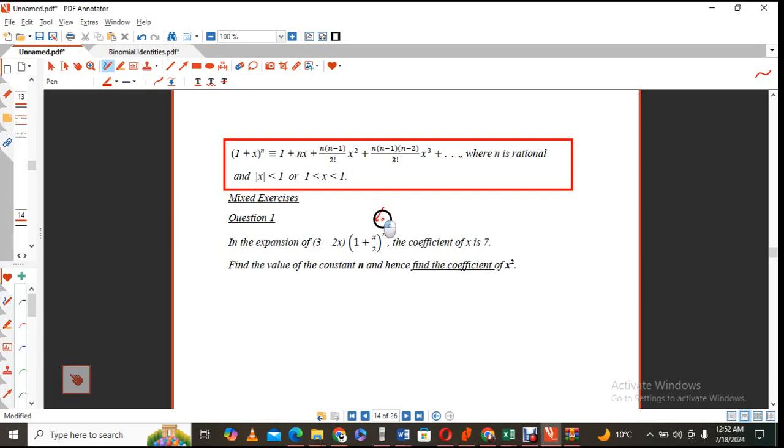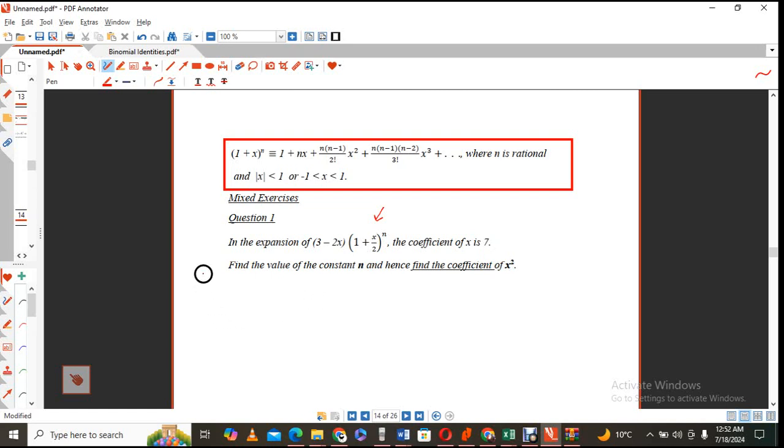We always like to keep it within range. So we are asked to find the value of the constant n, and remember it's positive, and find the coefficient of x squared.